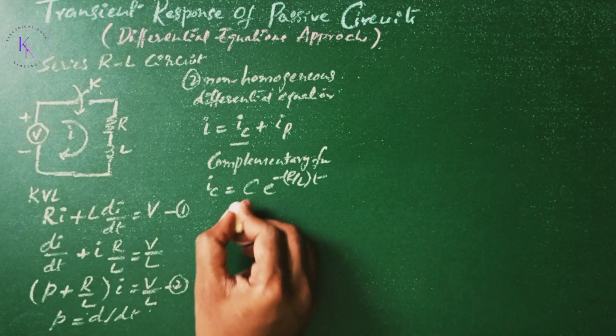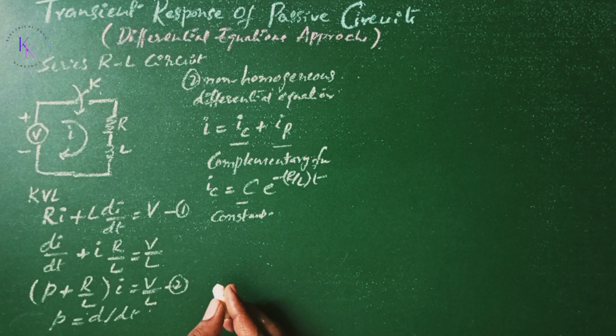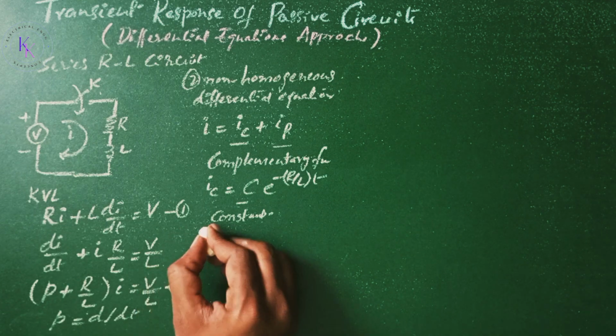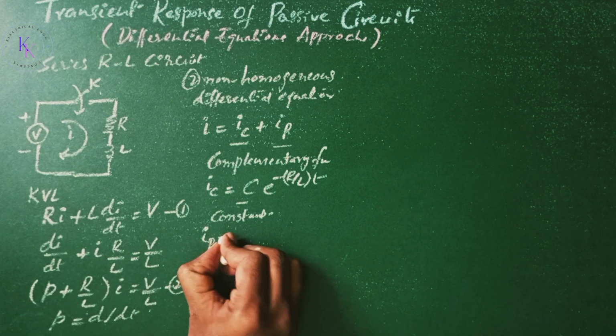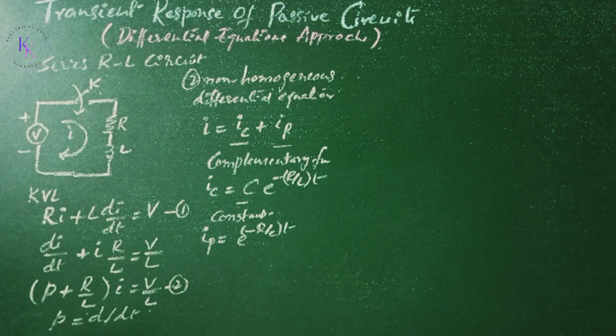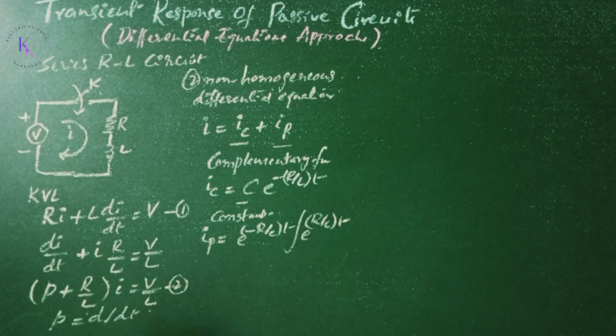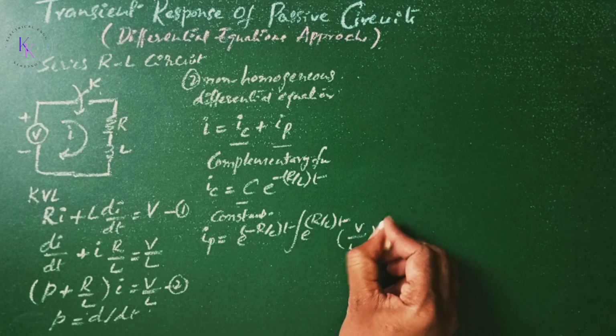C being a constant here, Ip is the particular solution of i that provides the steady state response and is given by Ip equals e to the power of minus R by L of t integral e to the power of R by L of t V by L dt.